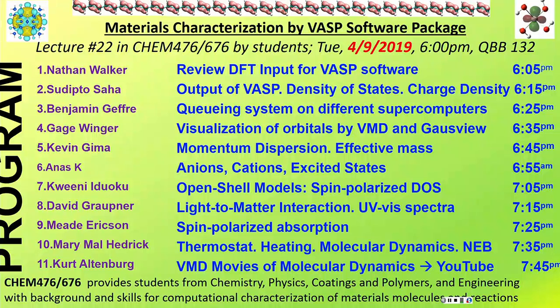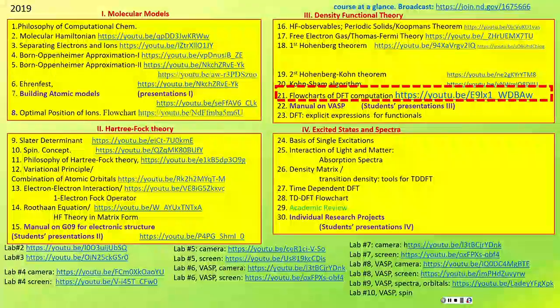Thank you for keeping to invest your time into this course. This is presentation session number 3. The course consists of background theories for computational chemistry that helps to characterize properties of molecules and materials without making your hands dirty.